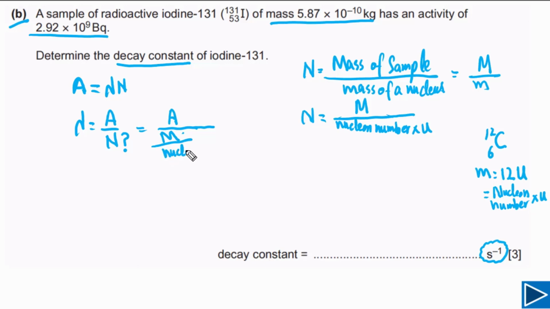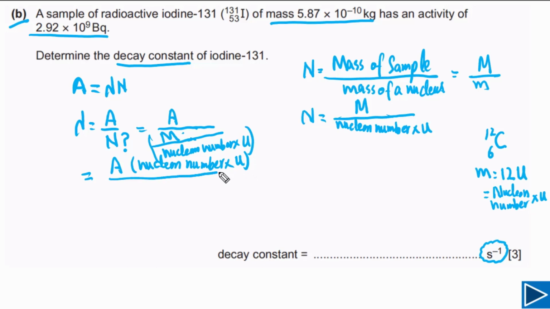Here we have nucleon number times u. We can rearrange this now, and we can write this as A times nucleon number times u, divided by the mass of the sample.